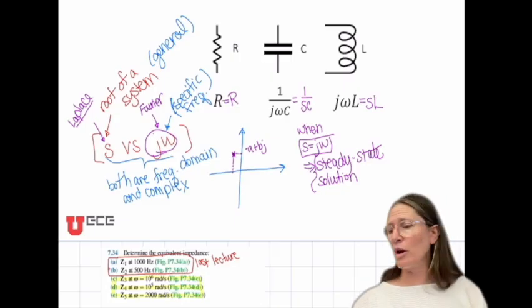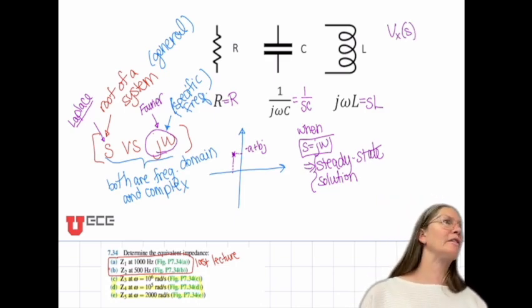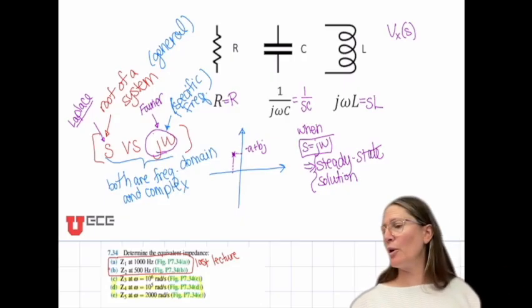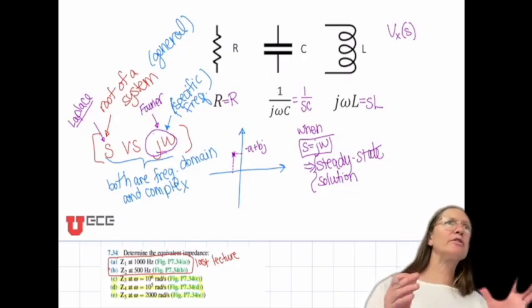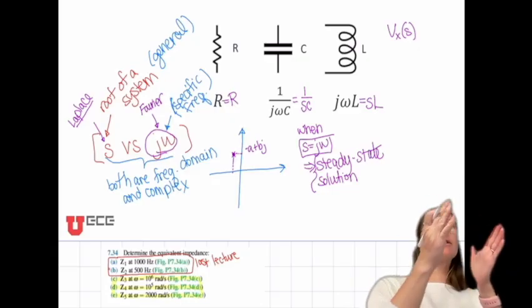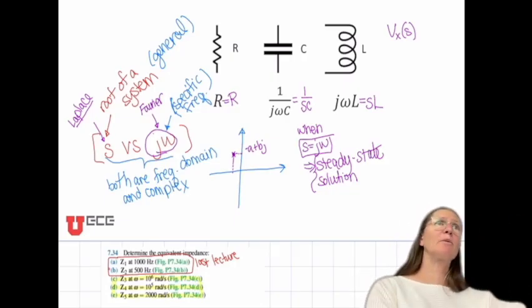A result would be that we get something like Vx, now in terms of S instead of j omega. This is very useful when you're looking at a higher level of the system, and also when we want to look at what happens as we have a range of frequencies instead of one specific frequency.